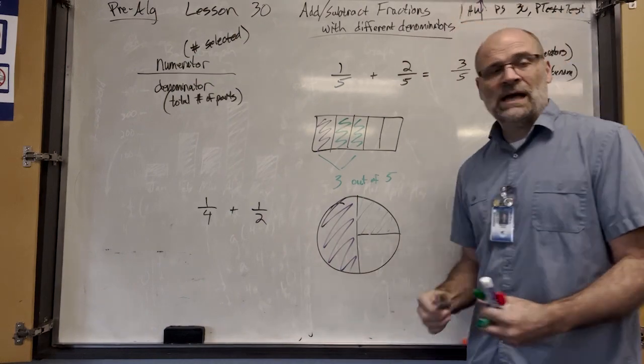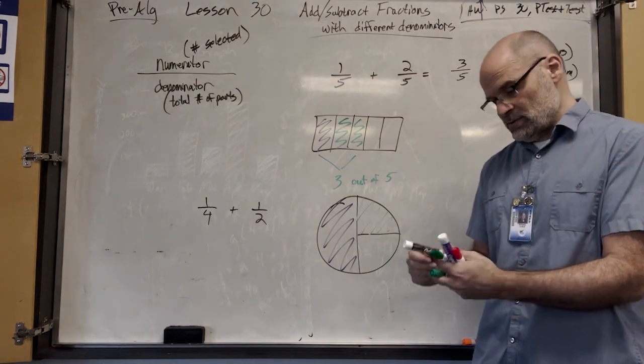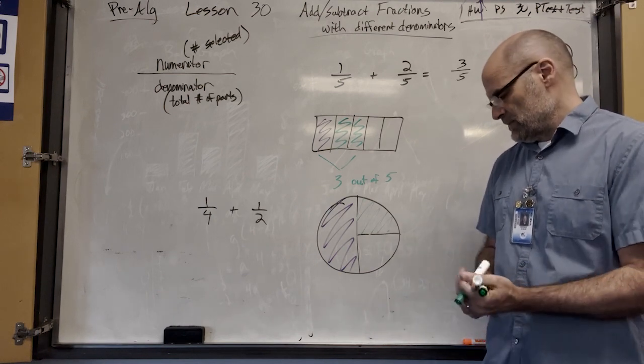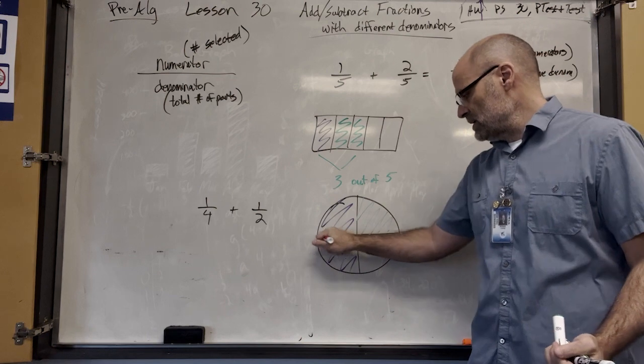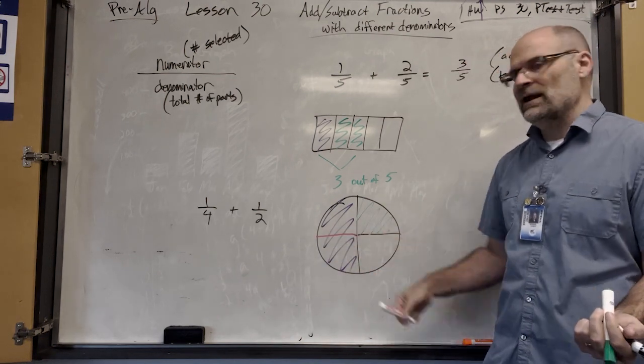But what you could have done is cut this 1/2 into some pieces. Look what happens. Instead of 1 out of 2 pieces, it's 2 out of 4.